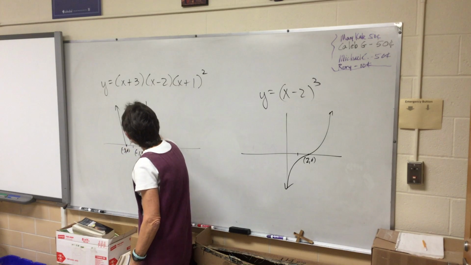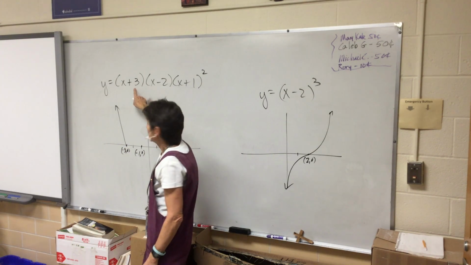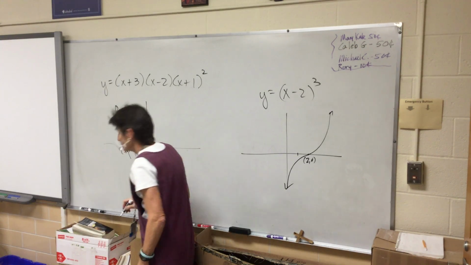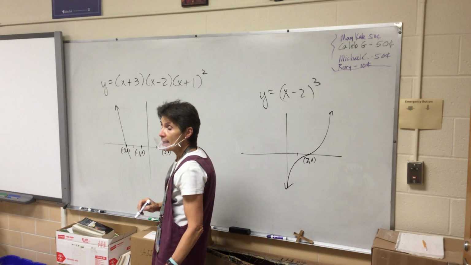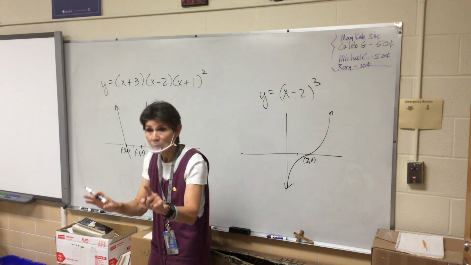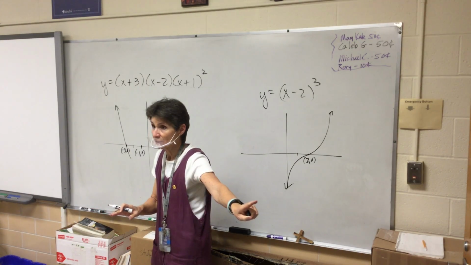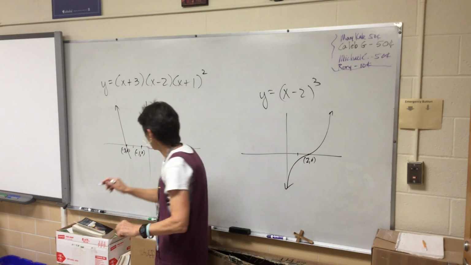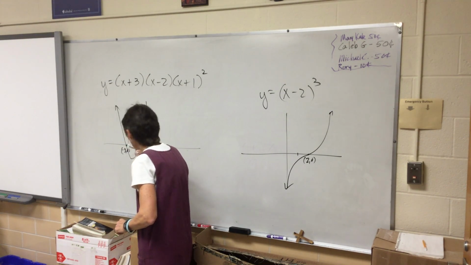Well, look, that one came from this one, right? There's no power on it, so it's just going to go right through. Now at some point, and we don't know how low, that's a calculus or a calculator problem, so I'm not worried about it. At some point, it has to turn around and come back up.